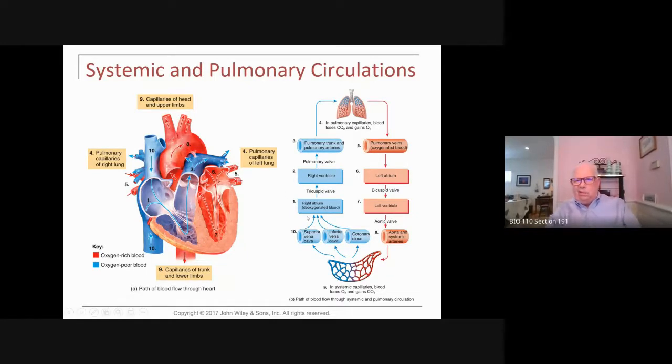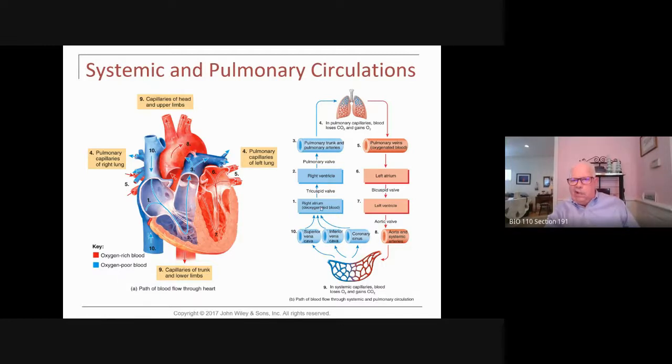Let's start with the venous system that brings the blood to the heart. It's deoxygenated blood. There are three veins that bring blood to the heart: the SVC, the IVC, and the coronary sinus. It brings deoxygenated blood to the right atrium.